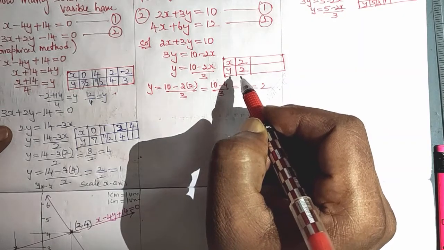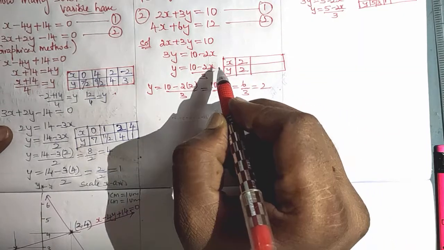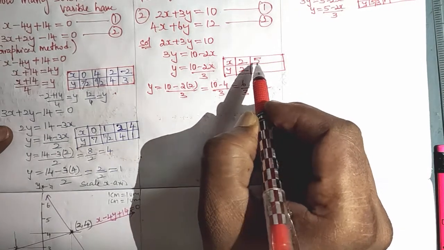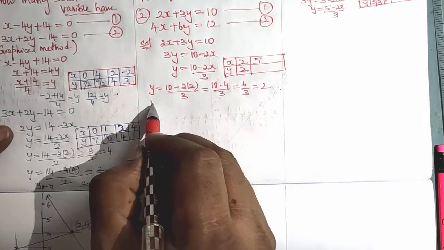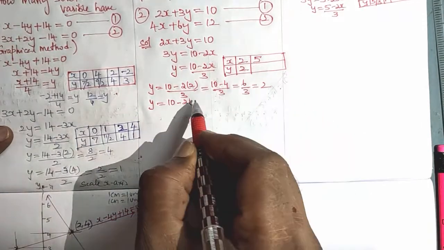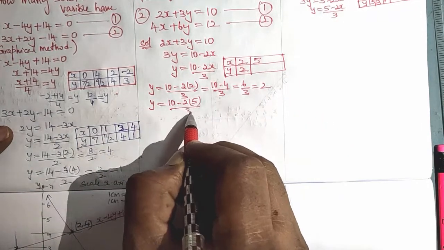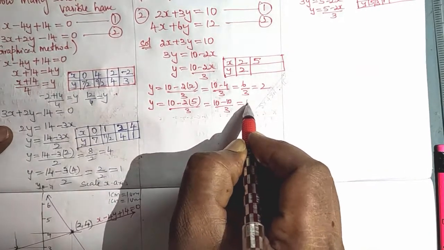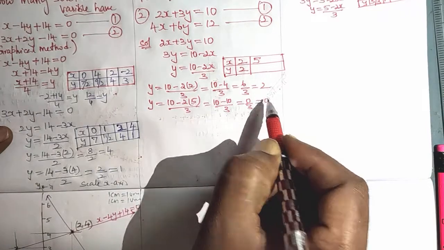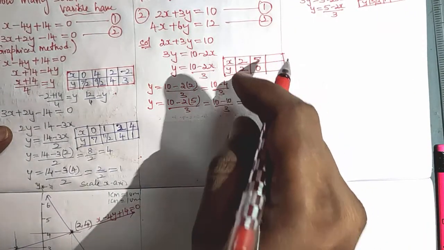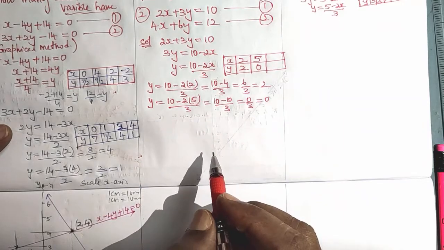Now I will take another value. If I take x is equal to 5, 2 fives are 10, so y is equal to (10 minus 10) by 3, which is 0 by 3, equal to 0. So having got 2 points, I can plot these 2 points and draw a straight line.